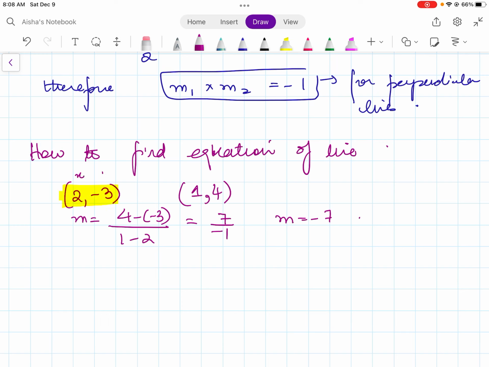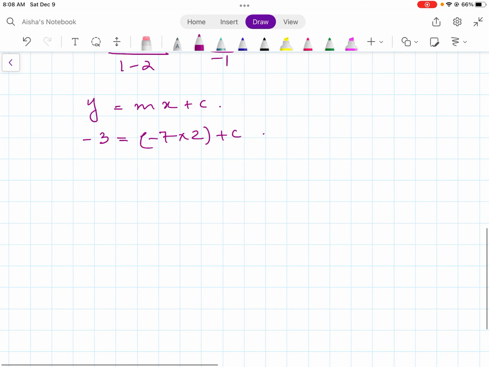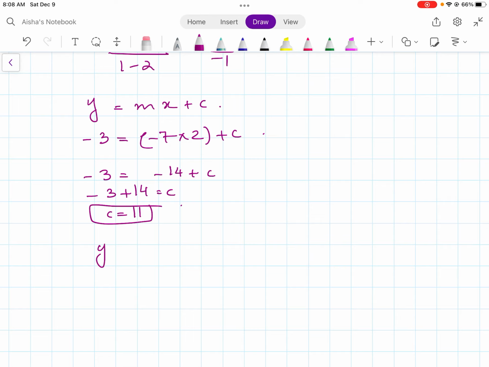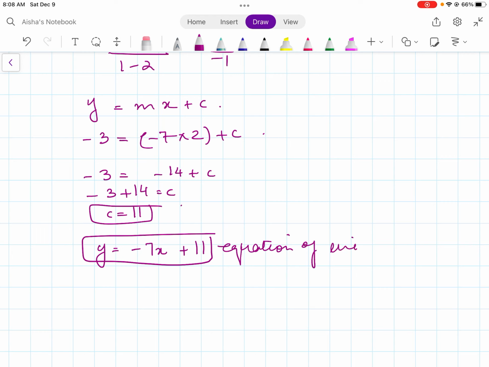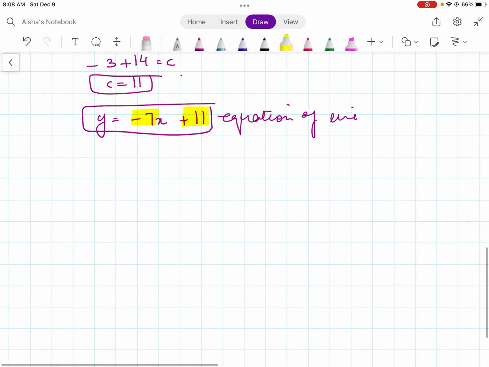This is the value of x and this is the value of y. y equals mx plus c. Now, y equals mx plus 11 will become my equation of the line. So what I have done is I've substituted the value of m, I substituted the value of c, and that's how my equation is ready.